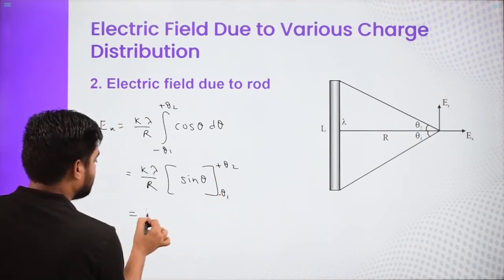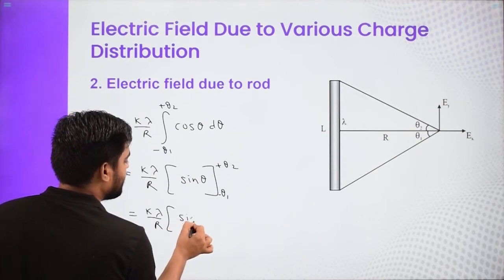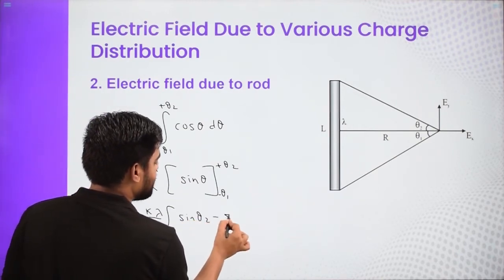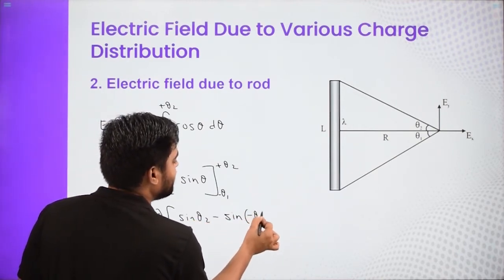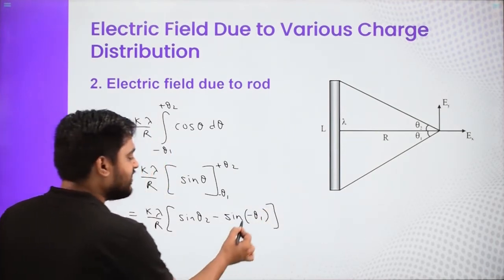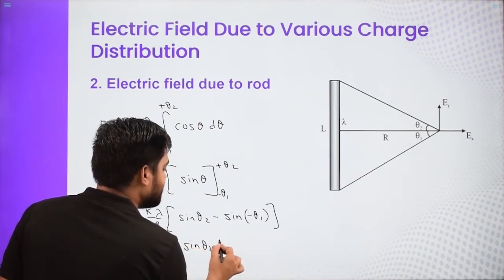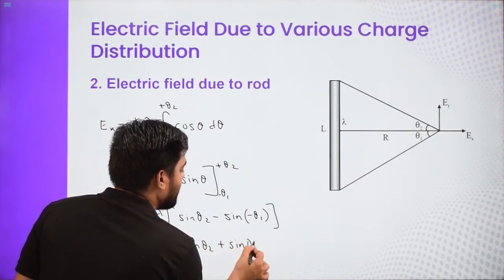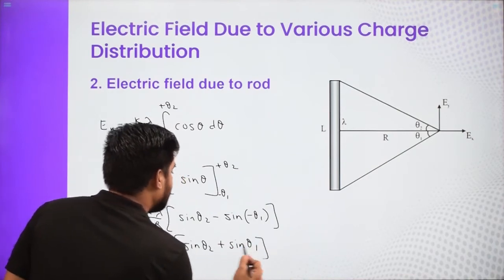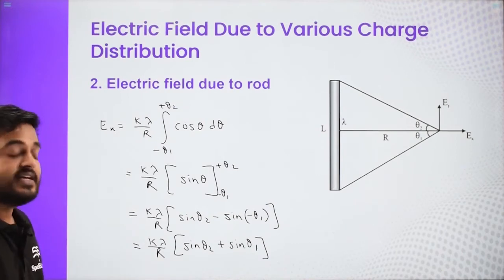Put the limit: k lambda by r, sine theta 2 minus sine of minus theta 1. Now we know that sine of minus theta is minus sine theta. So eventually this becomes sine theta 2 minus, and this becomes minus sine theta 1. So eventually it adds up and we get k lambda by r, sine theta 1 plus sine theta 2.